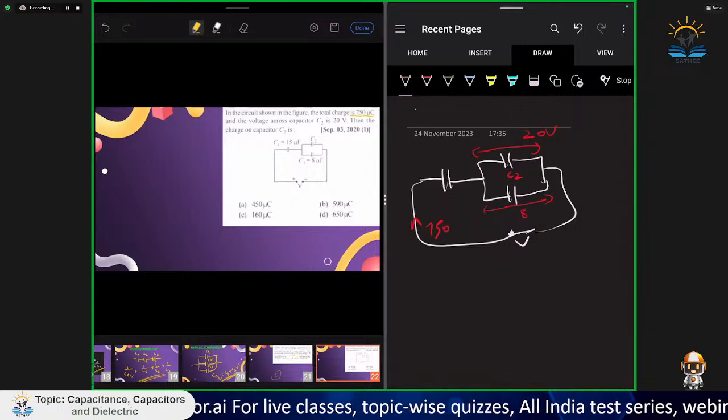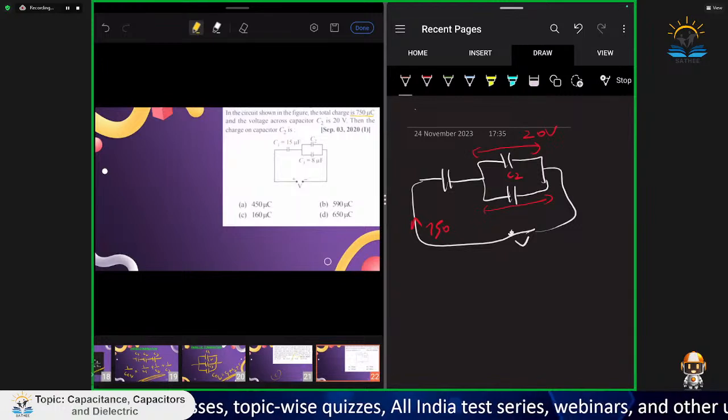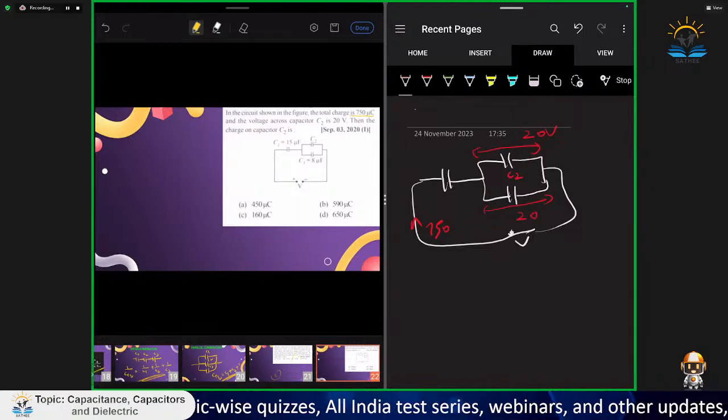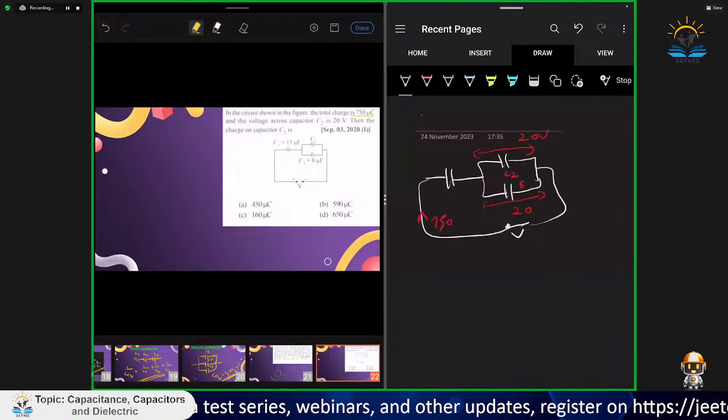Here also 20 volt, and C3's capacitance is 8. Very simple.